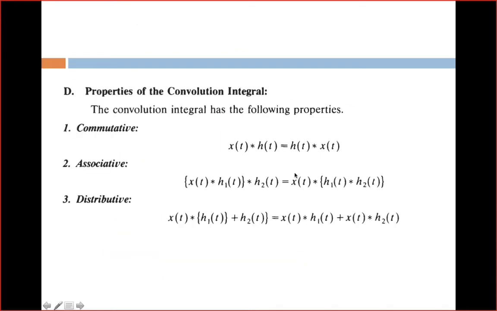Before solving a problem related to the convolution integral, I just want to give you a few properties of the convolution integral.